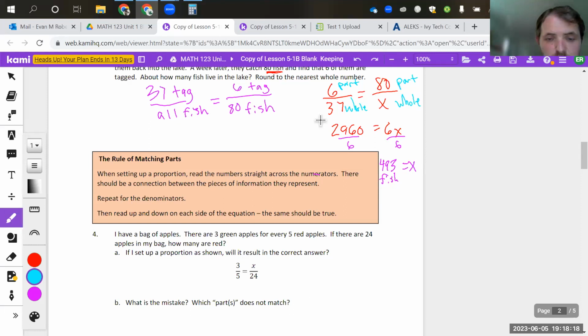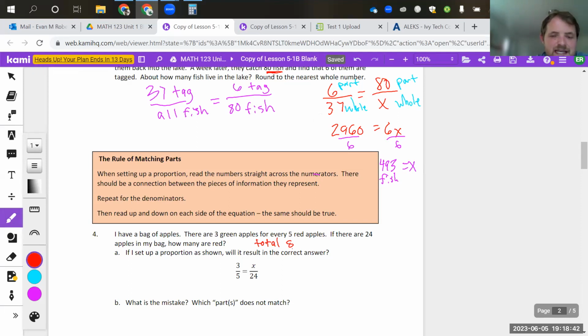So if there's 3 green apples for every 5 red apples, they are writing it as 3 to 5. And there are 24 apples in my bag. How many are red? So notice the total for the 3 and 5 situation is 8. If for every 3, there's 5.